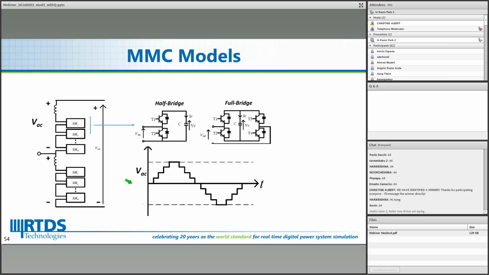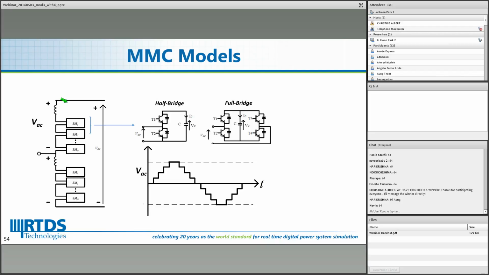The first one is what we call MMC5. MMC5 is based on the average model approach. So each individual capacitor in your MMC arm would be represented by one single capacitor, so that the model can be considered an average approach for the MMC modeling.